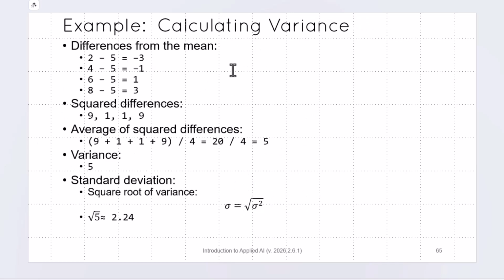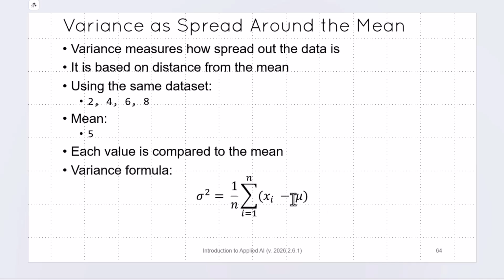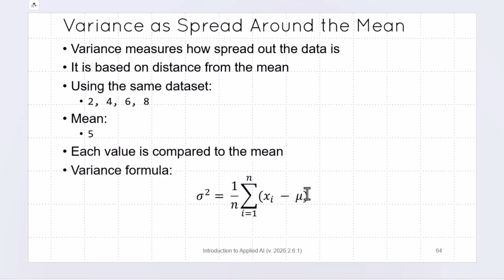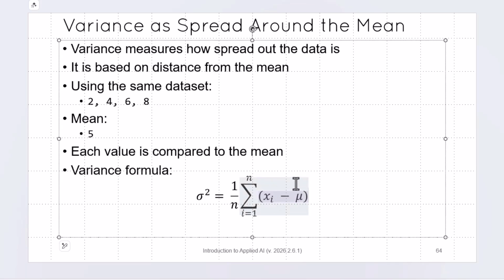Here's an example. We take each of the values 2, 4, 6, 8 and subtract the mean. You end up with -3, -1, 1, and 3. Then you take those values and square each of them. Wait, something's wrong here. This should be squared. Let me fix that real quick.